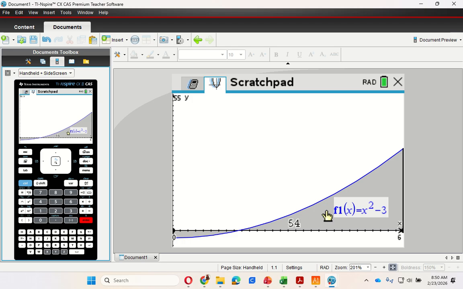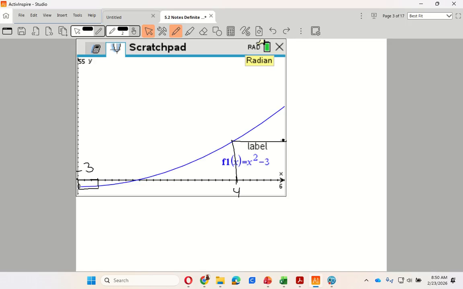And this is from the end of these notes, but it actually goes along with these notes. So what we're doing is we're finding the integral from 0 to 6 of the function x squared. I got 54.3.